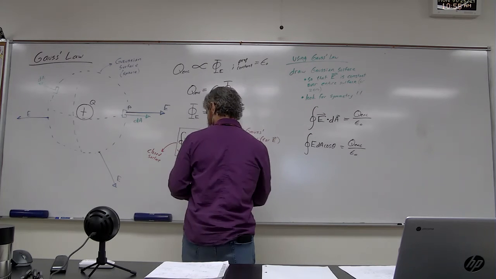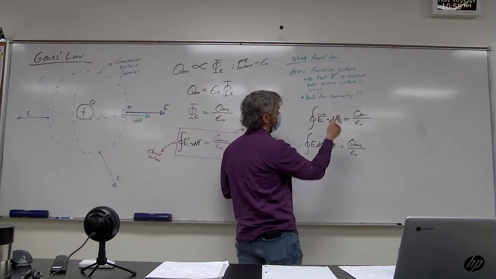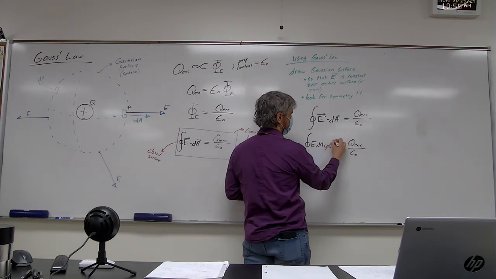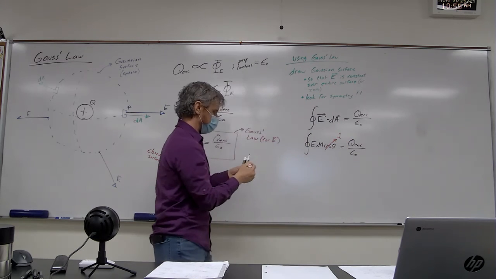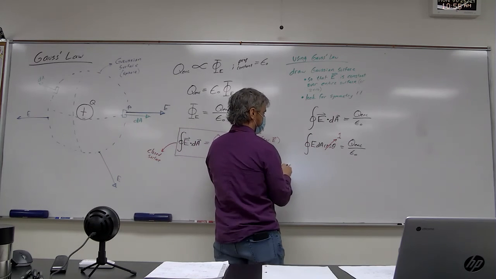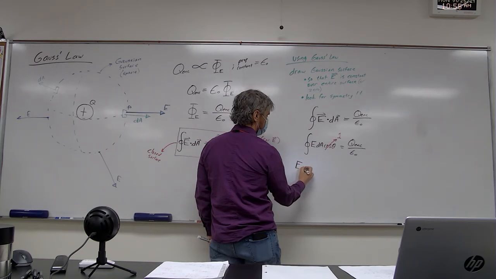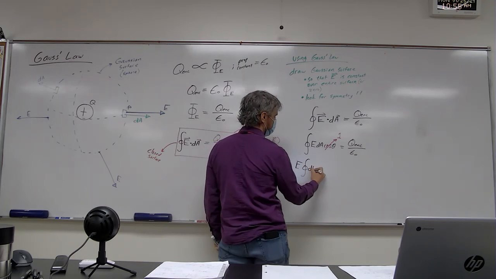So because I've drawn my Gaussian surface according to those specifications, the cosine of the angle is just 1, and the electric field is constant, meaning I can bring out the electric field. The electric field times the integral over that closed surface of all the dAs.